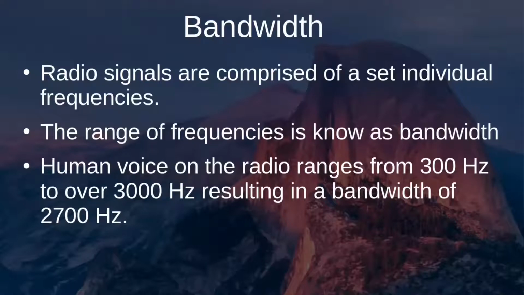The range of frequencies is known as that bandwidth. Human voice on the radio ranges from 300 hertz to over 3,000 hertz. So that's 300 cycles per second to over 3,000 cycles per second, resulting in a bandwidth of 2,700 hertz or 2.7 kilohertz.